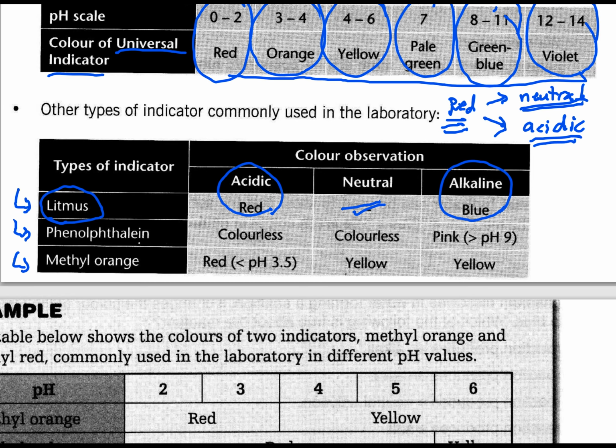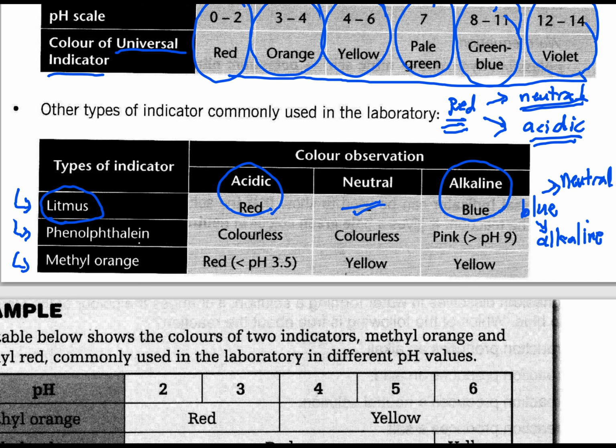Similarly, if you put a blue litmus into a solution and it remains blue, there are two possibilities. Either the solution is neutral or the solution is alkaline. So you can't conclude that it is alkaline. It can also be neutral.